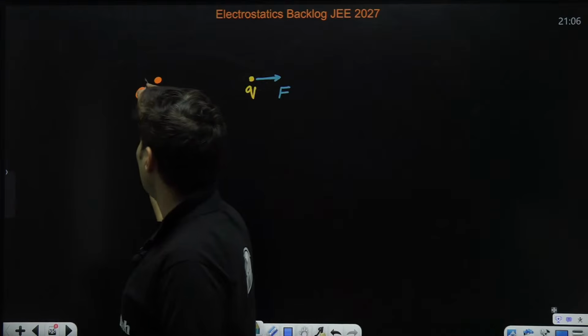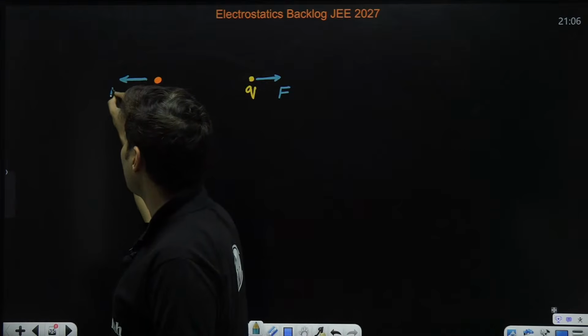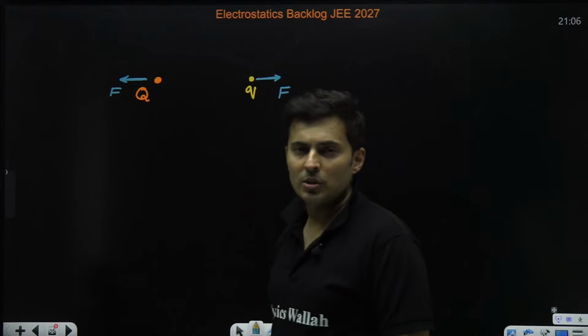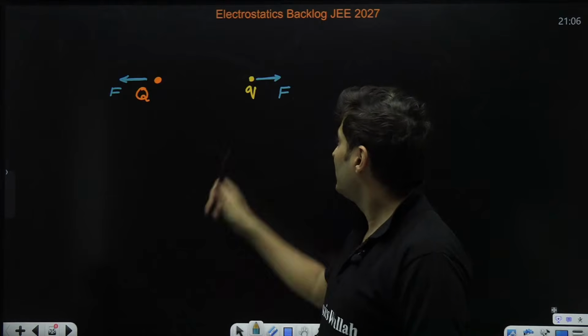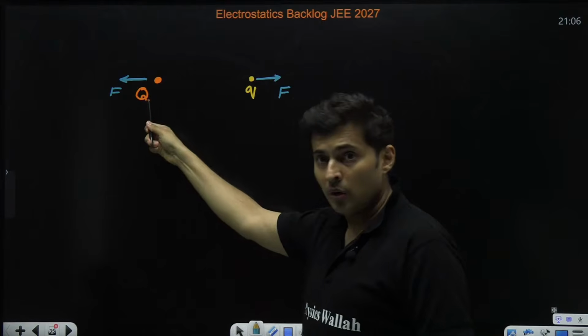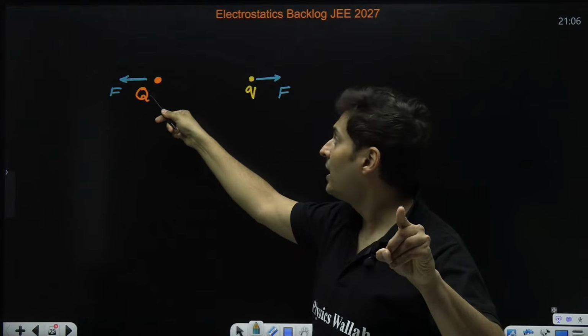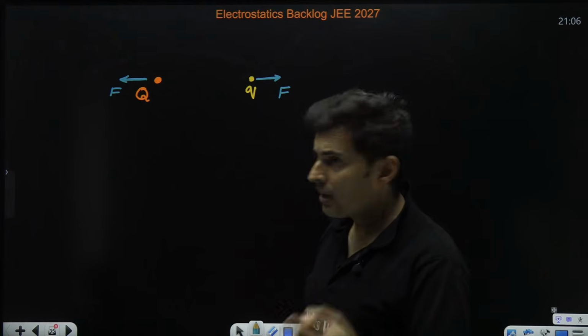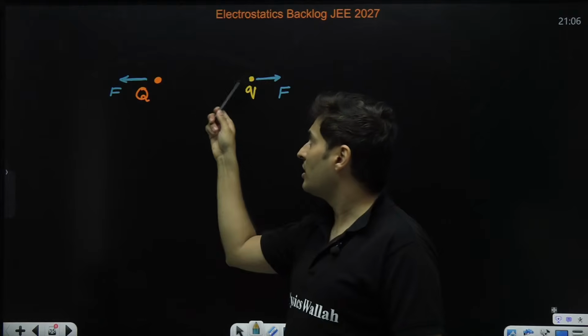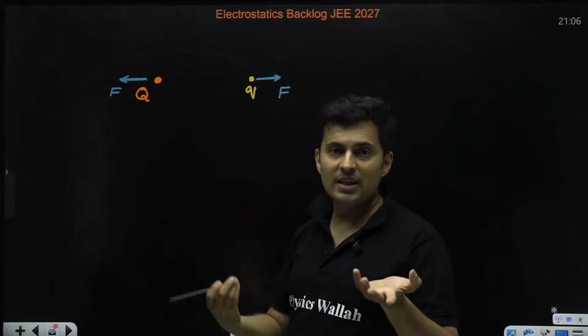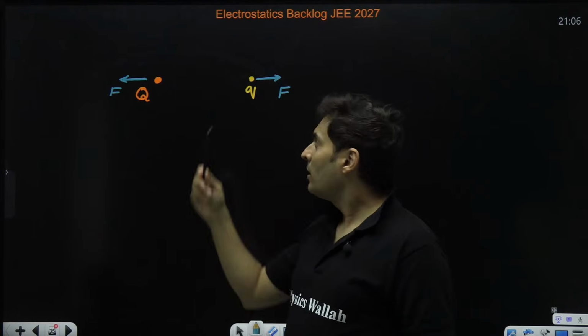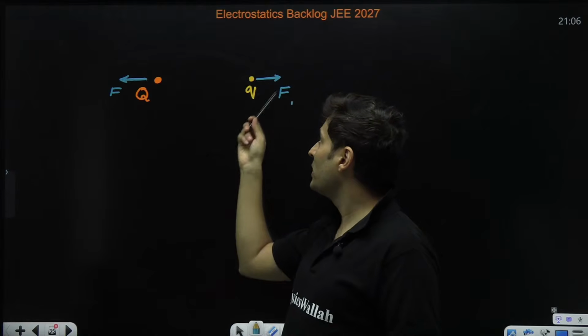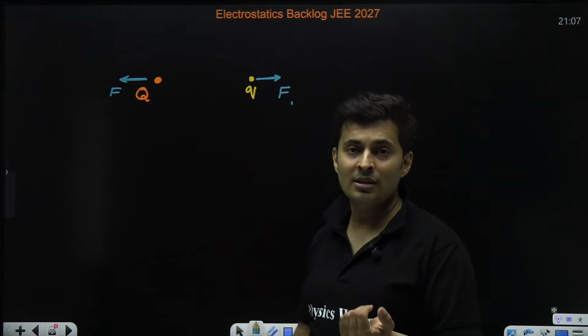This charge will also apply a force F on this charge. Now the real question comes. How did this charge know how much force to apply on this charge? Or how did this charge know that this charge was here and I should experience this much force? How did this charge know I should experience this force in this direction?